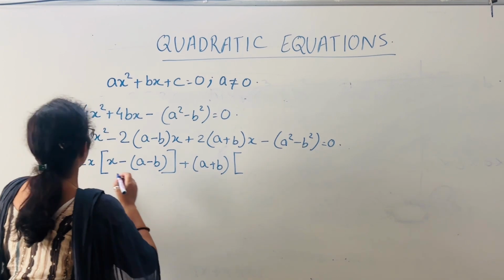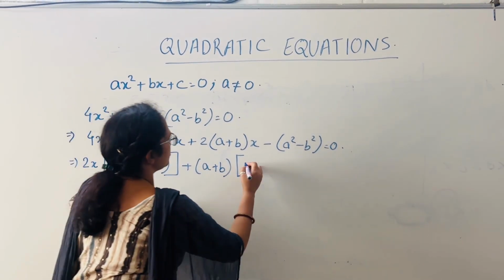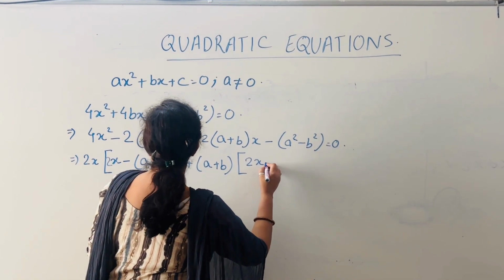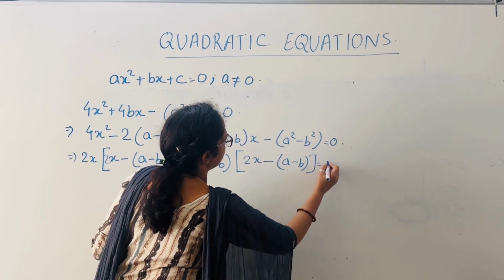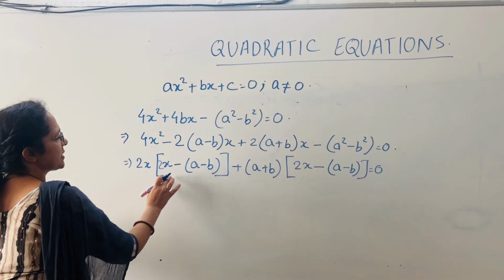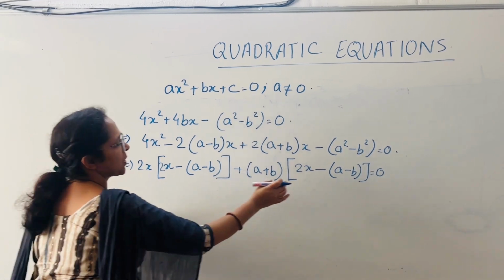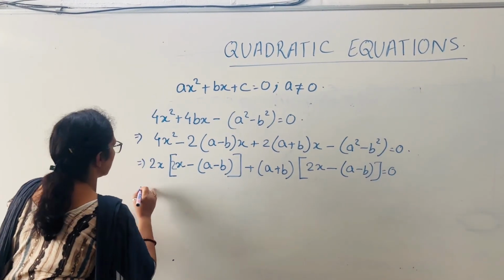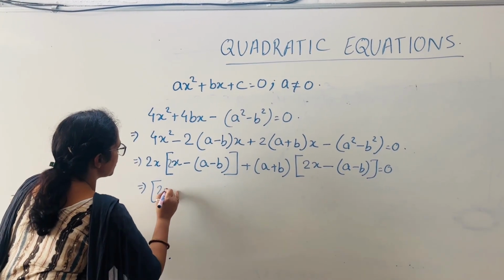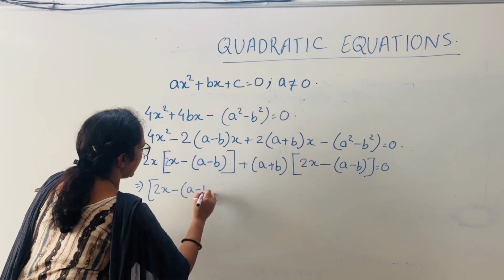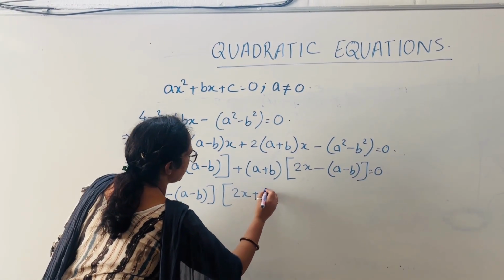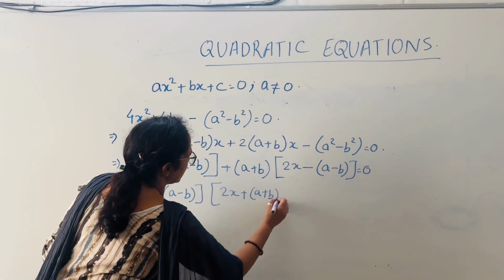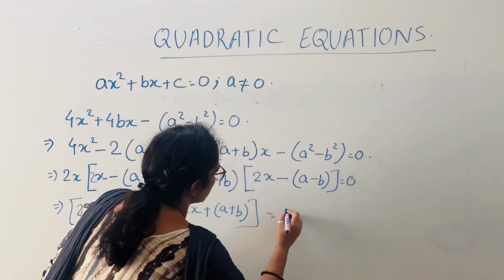So inside we are getting 2x minus a minus b. Now 2x minus a minus b here, 2x minus a minus b here. So we have 2x minus a minus b and we have 2x plus a plus b. This is also equal to 0.